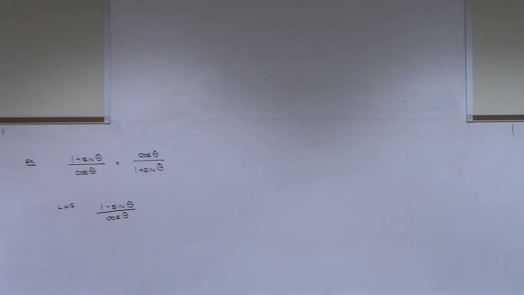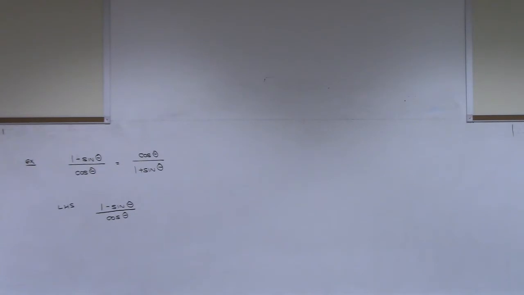So I'll push you, because I'm ready to get on the beach. Where are we trying to get to? Look at the right-hand side. Tell me what is missing on our side that needs to be there. I'm going to need a cosine on top. So I could multiply the top and bottom by cosine, couldn't I?